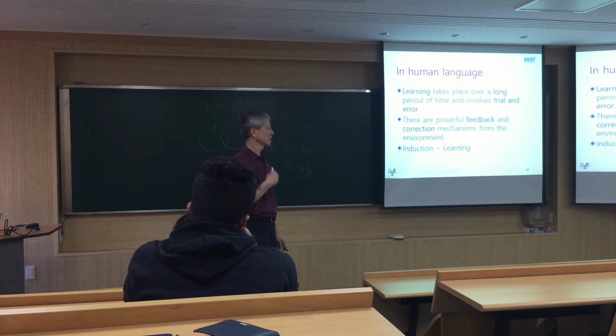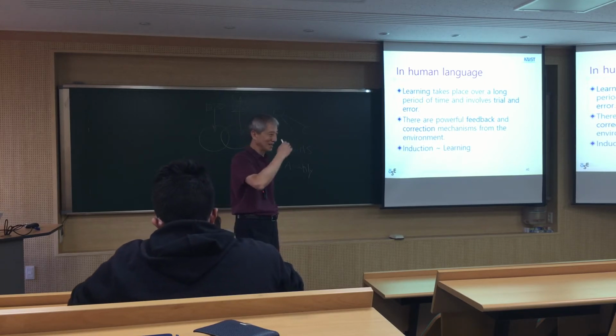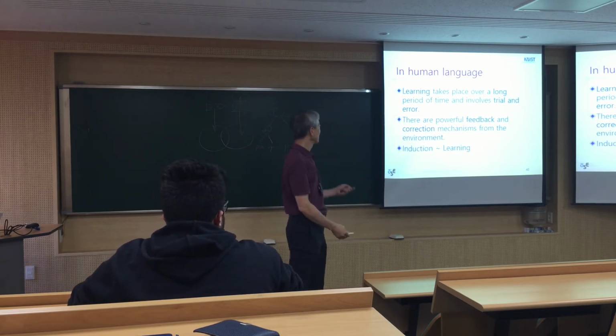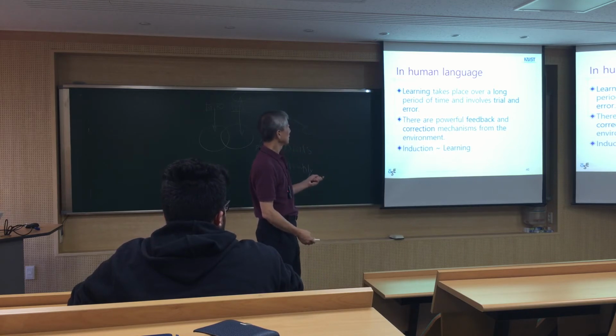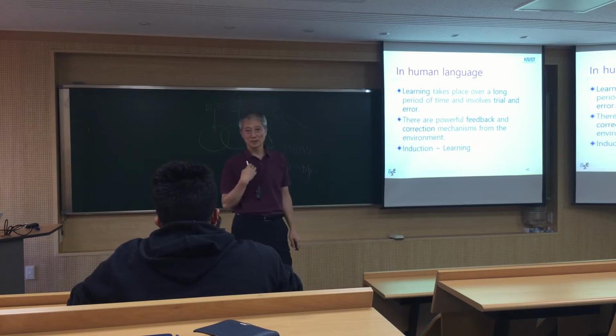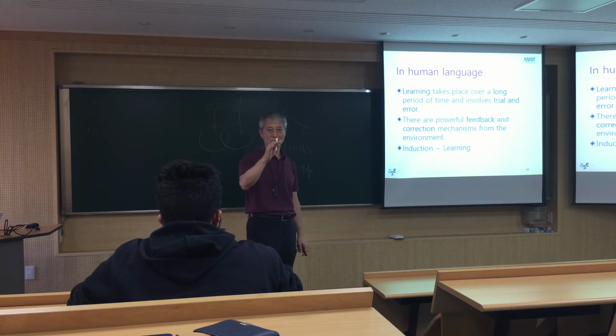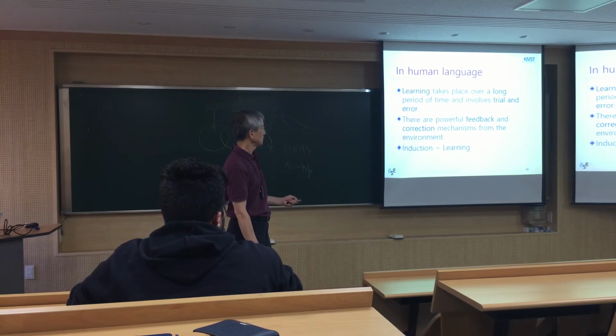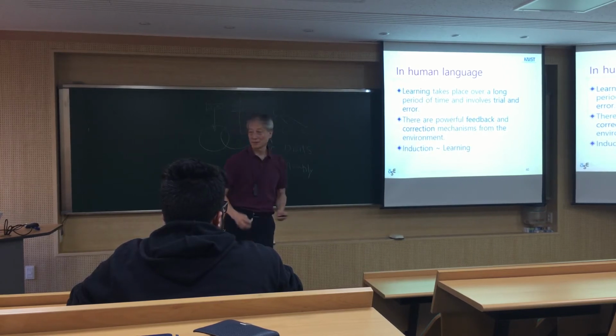You need to have trial and error. Right? Try this. No, this one. So there should be a feedback and correction mechanism from the environment. Korean teachers tell you, no, this way, right? This is very similar to induction or learning.